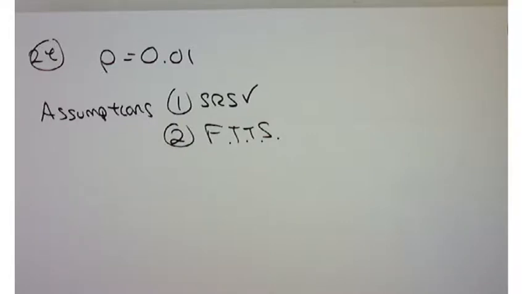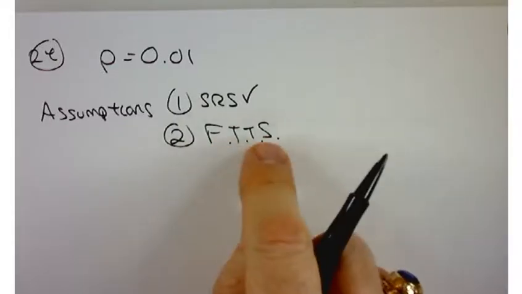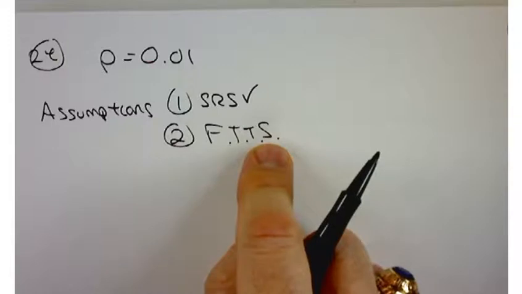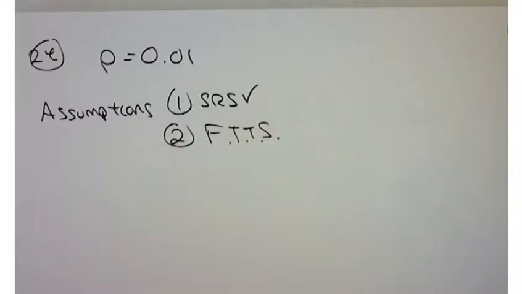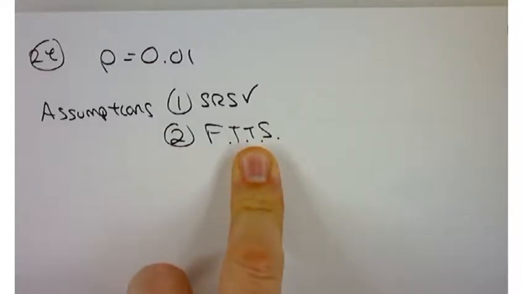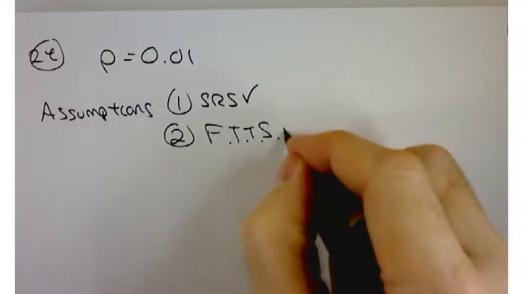Independence and same probability are both going to come to us because of the 5% rule. So we can take care of those two. And there's two outcomes, right? You're either overcharged or it's not an overcharge. Those are your two outcomes. So it fits.